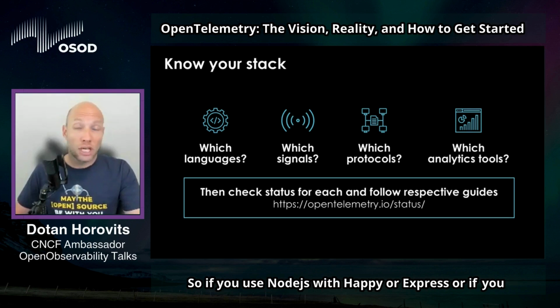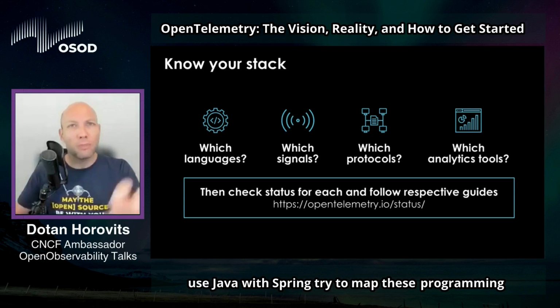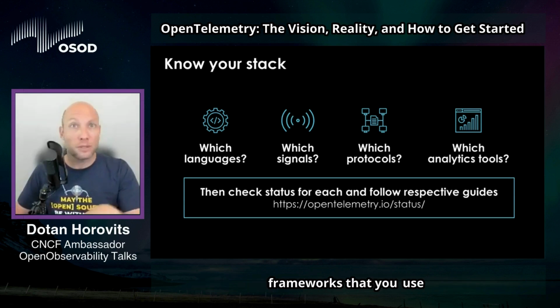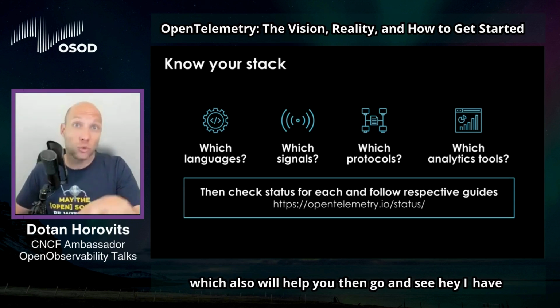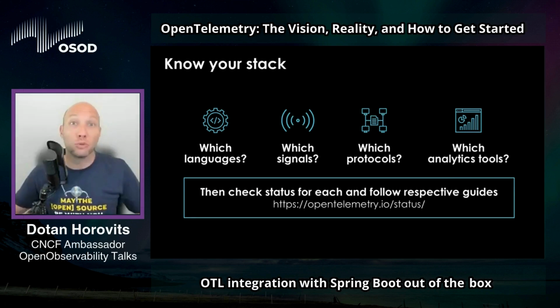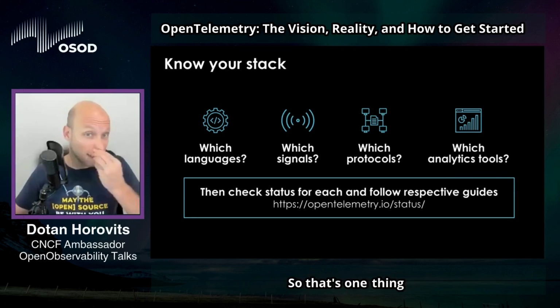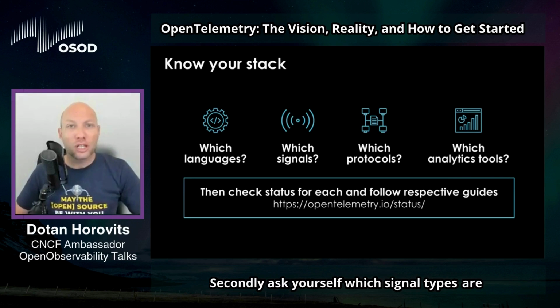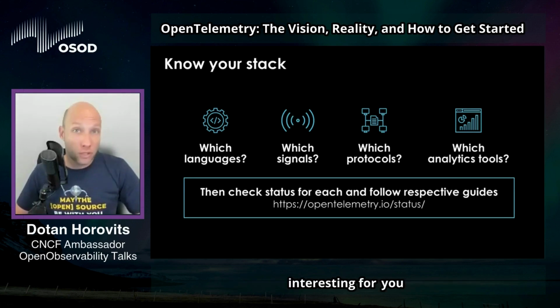So if you use Node.js with Hapi or Express, or if you use Java with Spring, try to map these programming frameworks that you use, which will also help you then go and see, hey, I have auto integration with Spring Boot out of the box. So that's one thing.